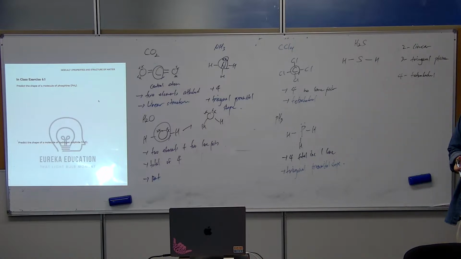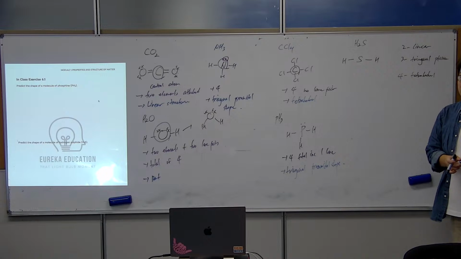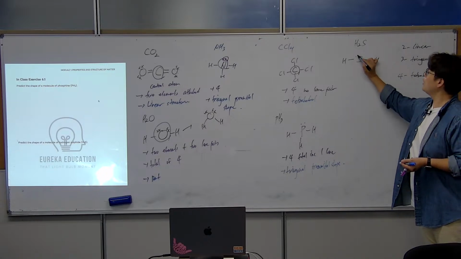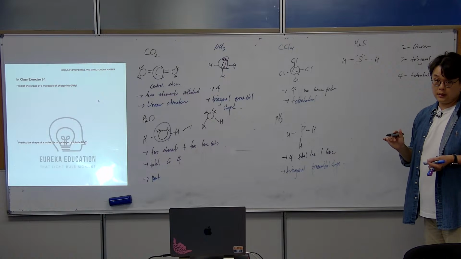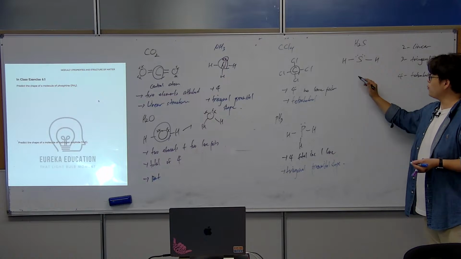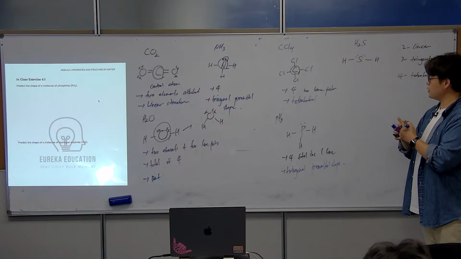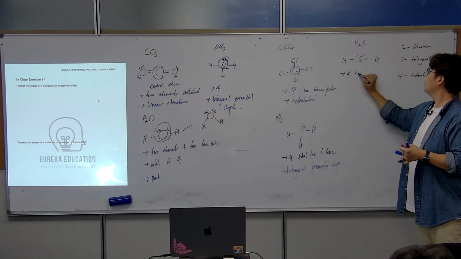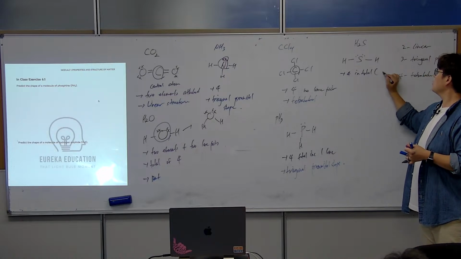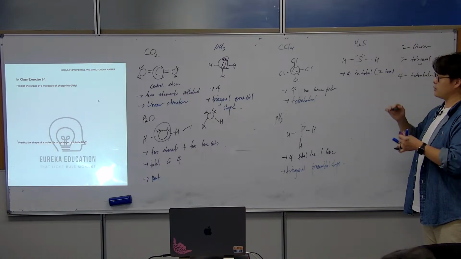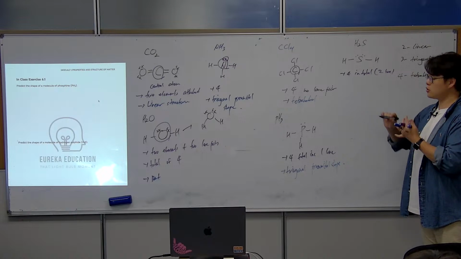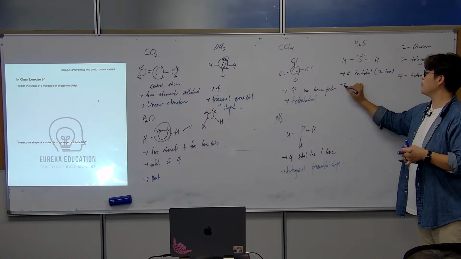Now, considering the sulfur, which is in the same group as oxygen, how many lone pairs are on the sulfur then? There'll be 2. There'll be 1 and 2 like this. Good. It would be having 4 in total, including the 2 lone pairs. Therefore, making the bent shape.